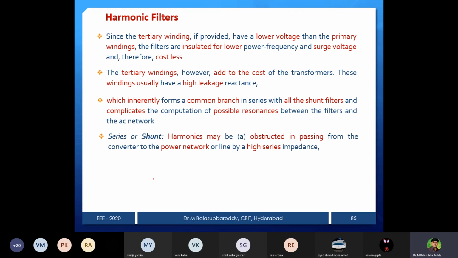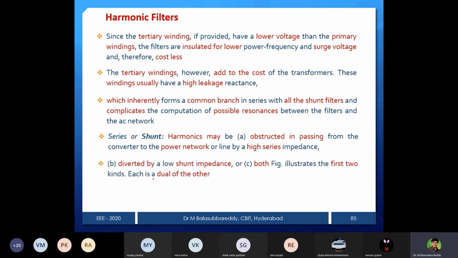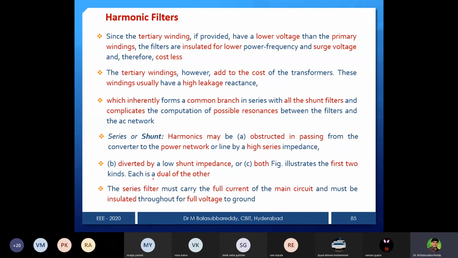So, another type of connection: you can see that series or shunt, harmonics may be obstructed in passing from the converter to the power network or line by high series impedance, or diverted by a low shunt impedance, or both. So we will see the first two kinds, which are dual in nature.